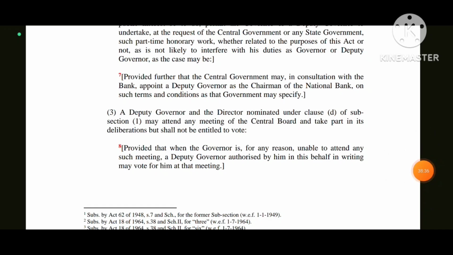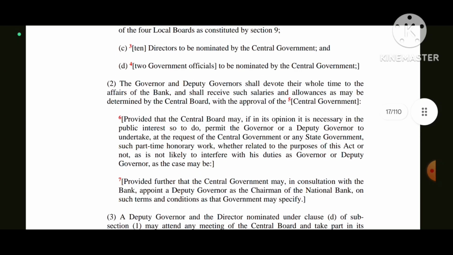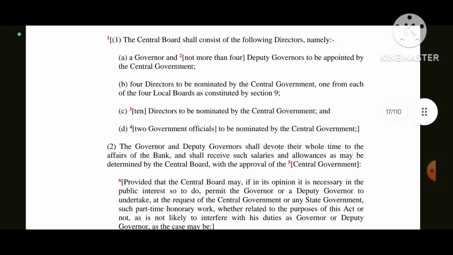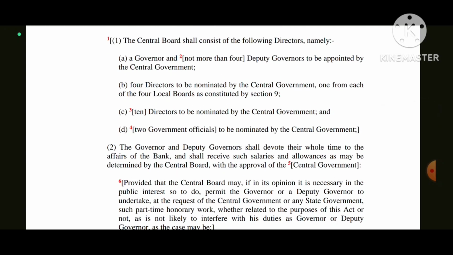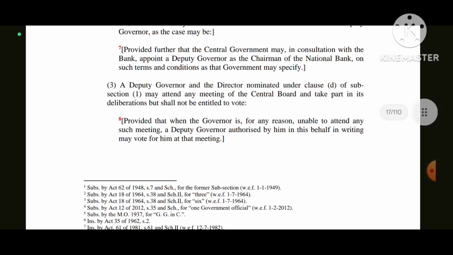So there are 4 deputy governors, and the 2 government officials nominated under clause D are to be nominated by the central government. So these 2 and the 4 deputy governors, among the 21, these 6 people cannot vote in any of the meetings. They can attend the meeting, but they are not entitled to vote.